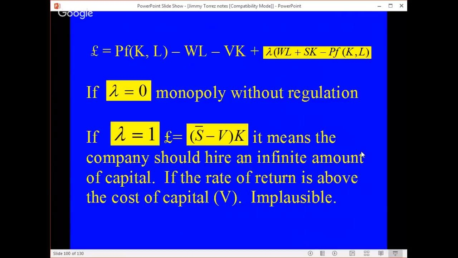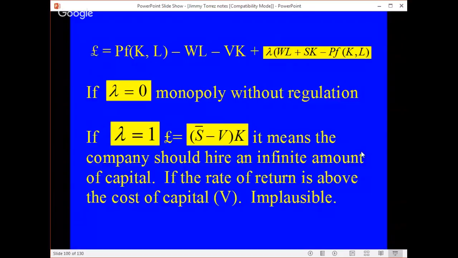If lambda is 1, WL cancels with this WL, and P times F_K of L would cancel with this P times F_K of L, and I'm left with minus VK plus SK, or my Lagrangian is equal to S minus V times K. What that would mean is I can maximize profit by hiring an infinite amount of capital.